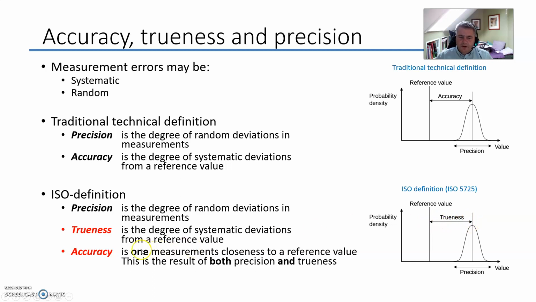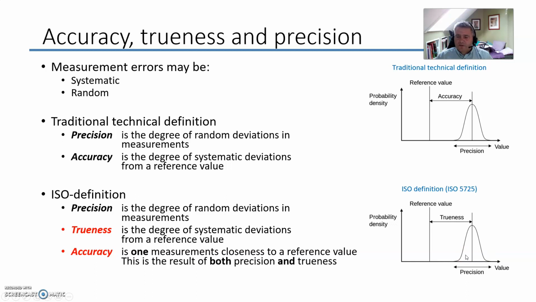The accuracy is one measurement's closeness to a reference value. So if I have one measurement here, that is how close that one measurement is to the reference value here. And why does it land here?